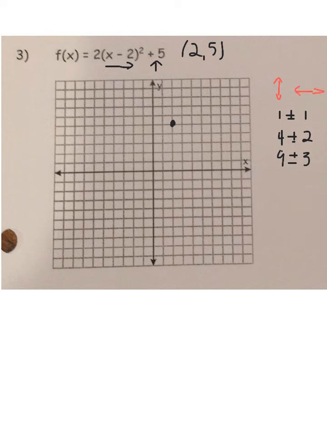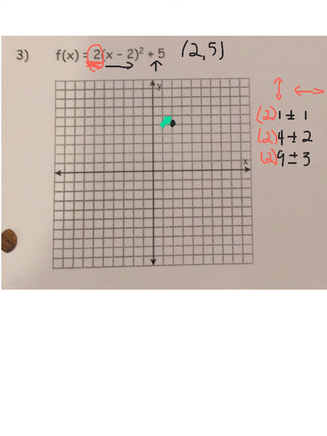So when we have a lead coefficient that's not a 1, what we do is we're going to take our 1, 4, 9, each one of those numbers, and we multiply it by whatever that leading coefficient is, which in this case is a 2, right? That's what I've got right over here. Okay, so then basically what I'm going to be doing is instead of going up 1 to the left and right 1, I'm going to be going up 2 to the left and right 1 from your vertex, okay, your turning point.